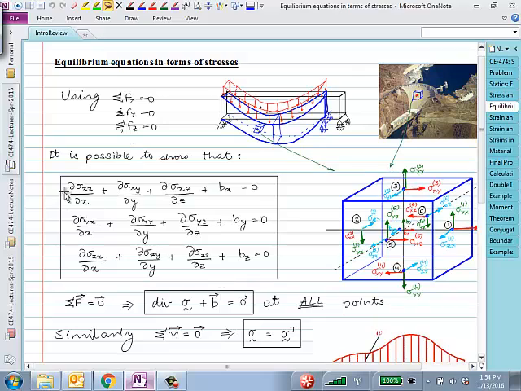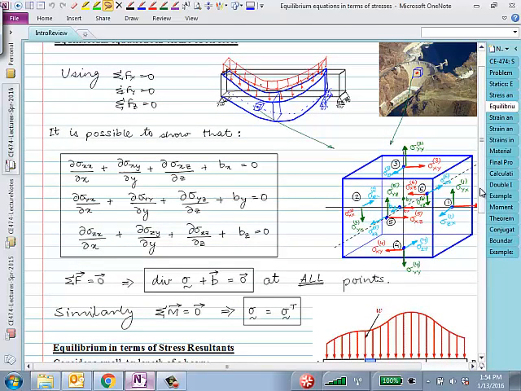Anybody seen these equations before? Again, this is from your either 270 or 231, which are mechanics of materials and structural mechanics classes. And these really are the true equilibrium equations for deformable bodies.